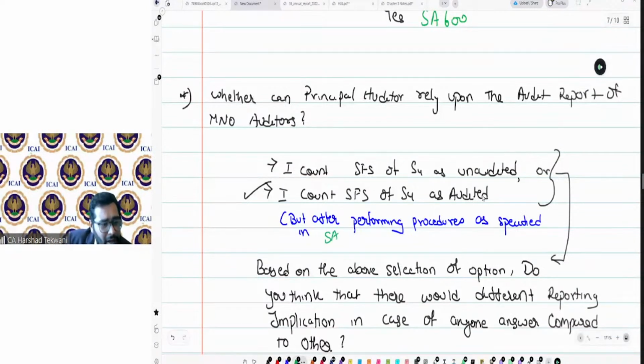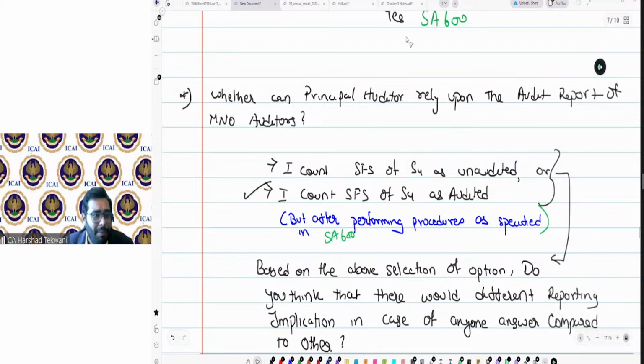Why? Because SA 600 never stops me from relying upon the audit report or work performed by a person who is not a member of the institute. So SA is never stopping me on that.